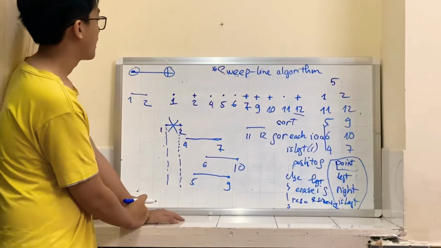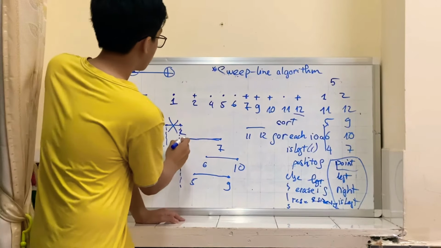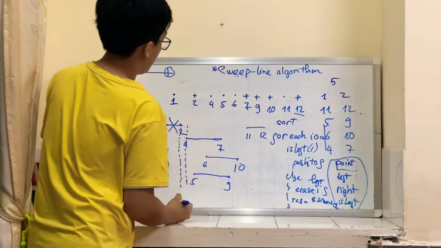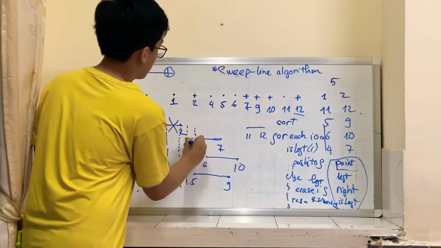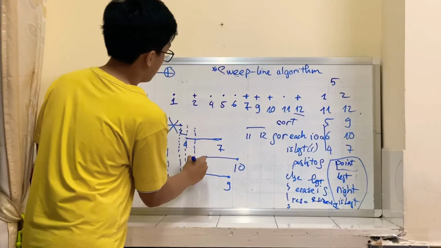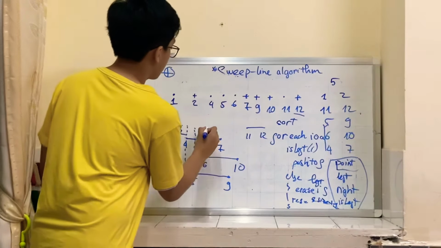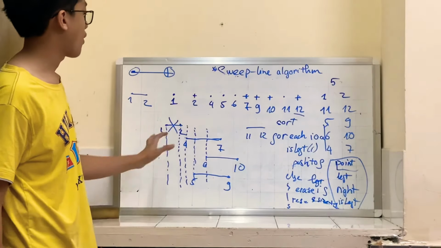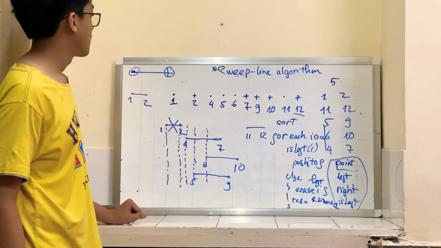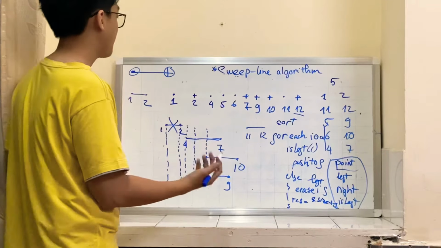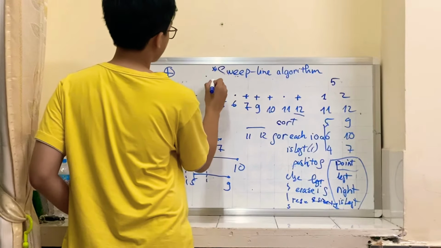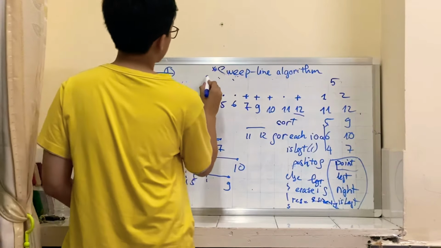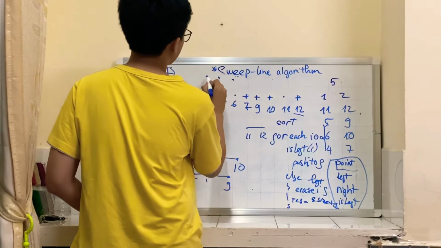Next we push 4, this is the sweep line 4, and then 5, and then 6. 4, 5, 6 are the starting points of 3 lines.